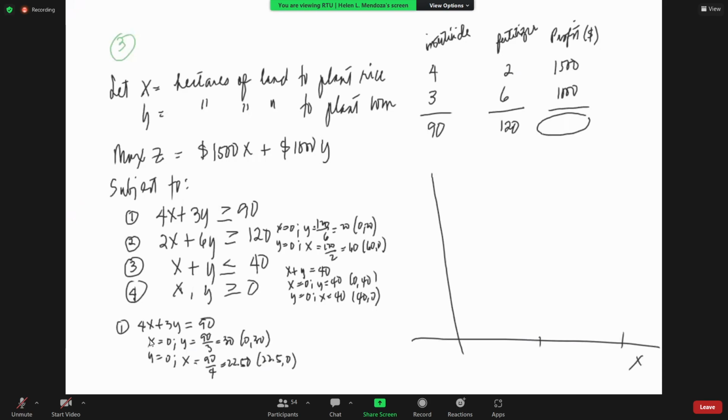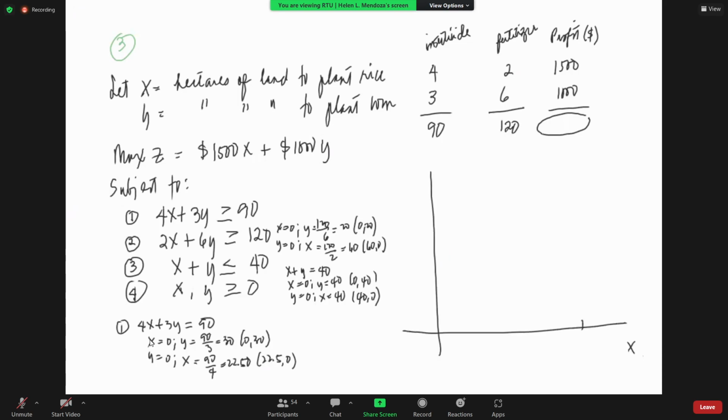So kung 60 yan, divide natin siya by 3. So approximately, tingnan. Kasi tabingi. So supposing this is 60, so we cut this by half. So this is 30.